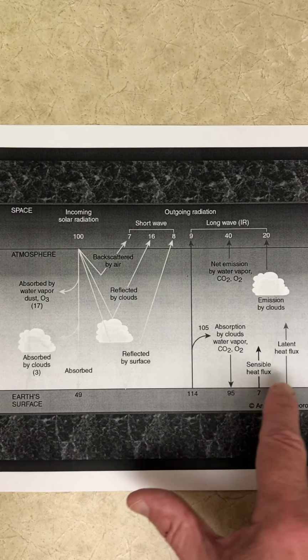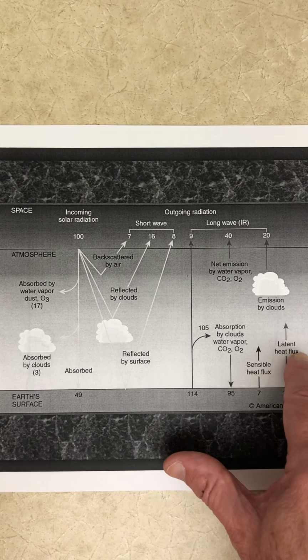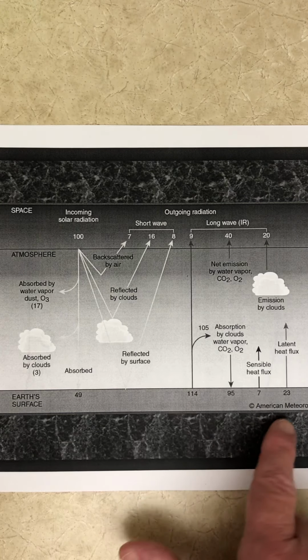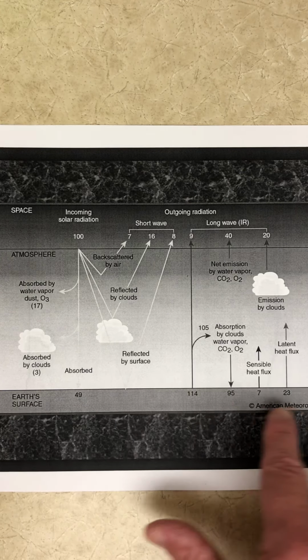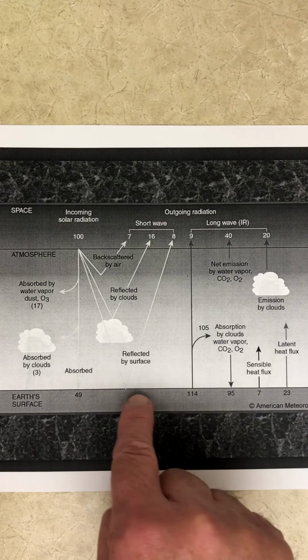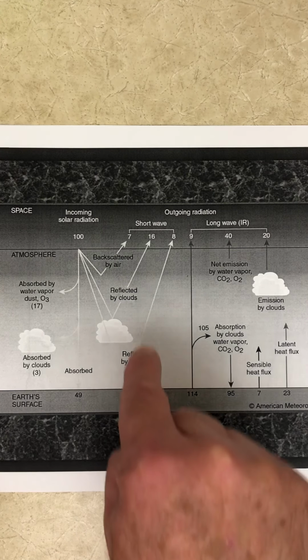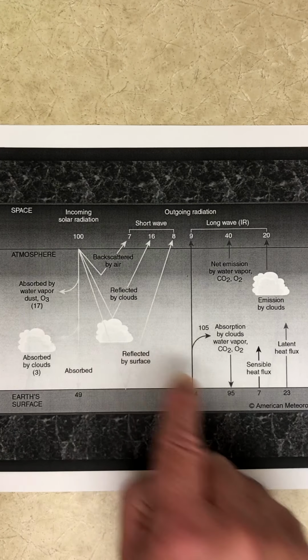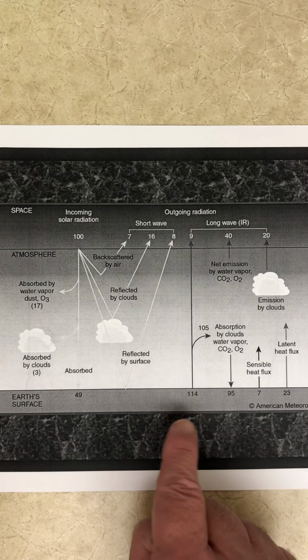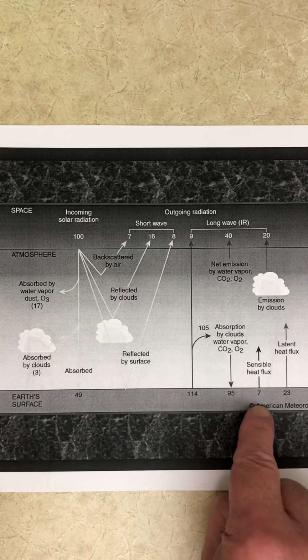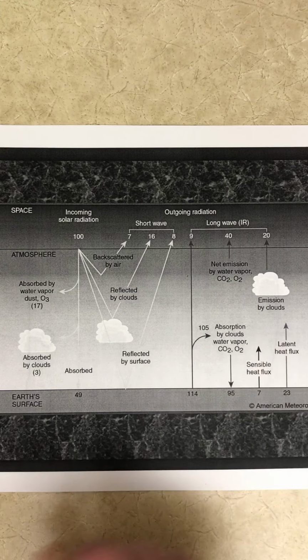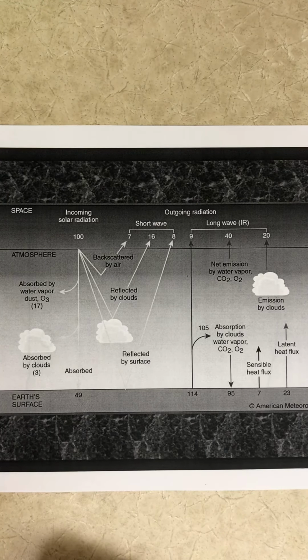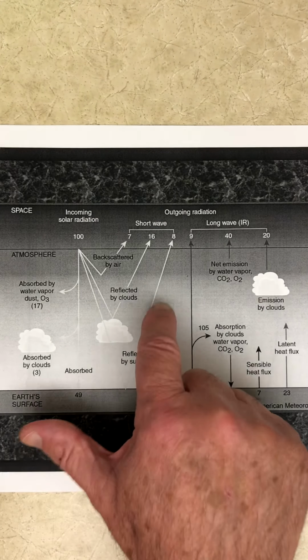We're going to find out what sensible heat is, what latent heat is, and how the 30 units of surplus heat energy are moved from the surface into the atmosphere. What is sensible heat? What is latent heat? And how is that energy moved from the surface into the atmosphere?